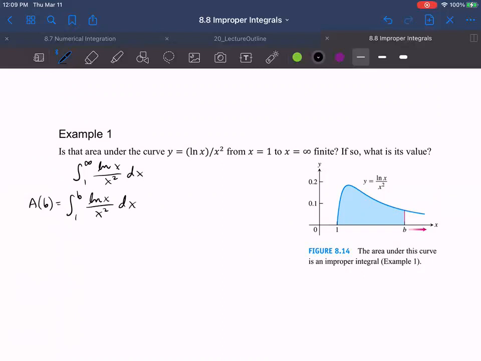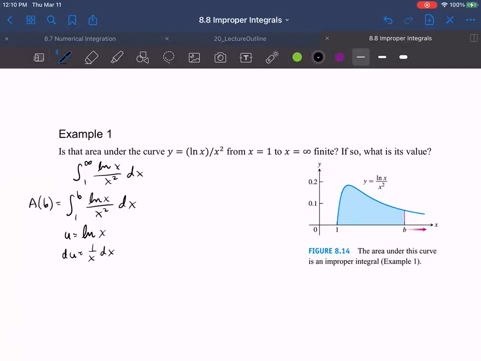And here we can use substitution. Anybody want to tell me what substitution they'd do? U equals ln of x. Okay, u equals ln of x. That means du is 1 over x dx.